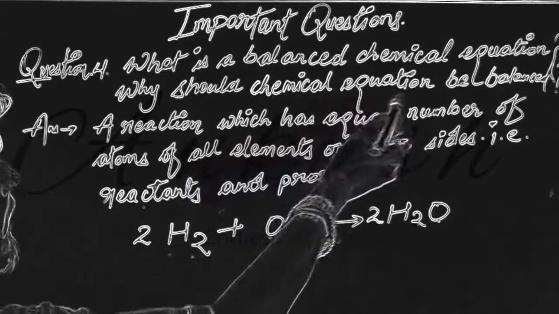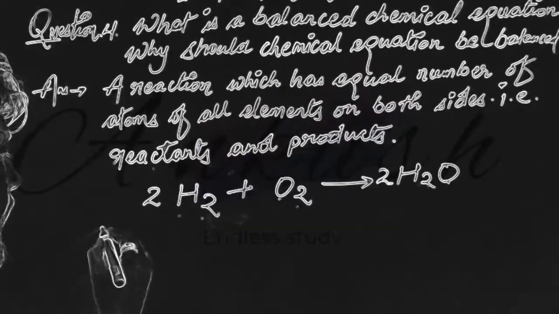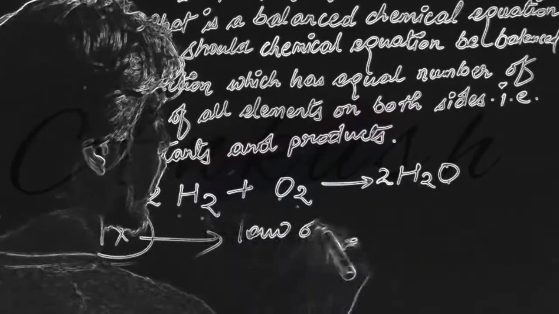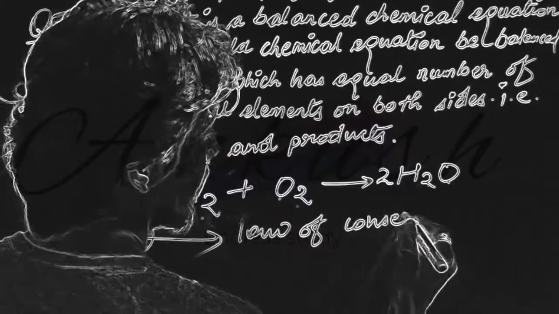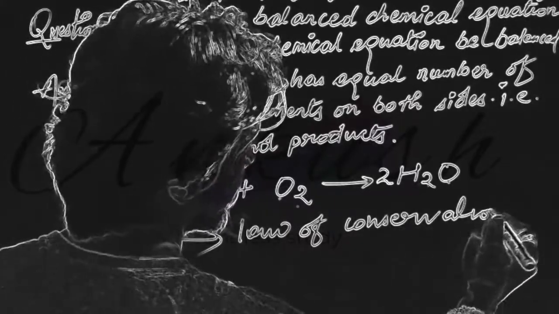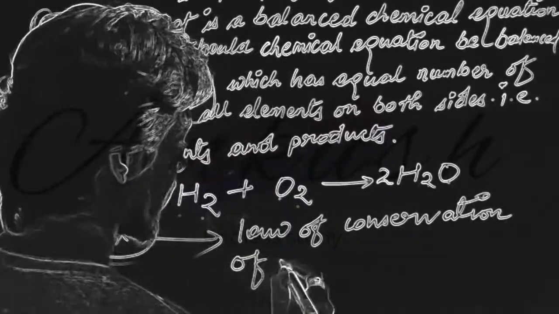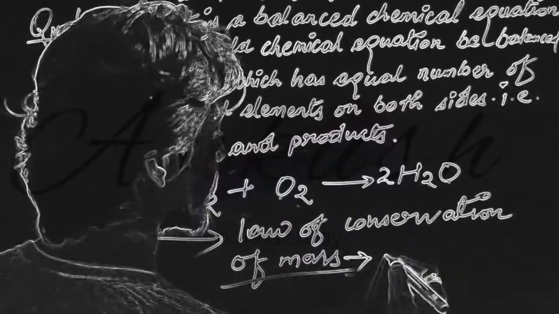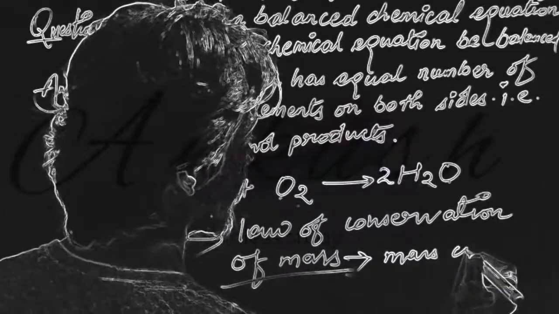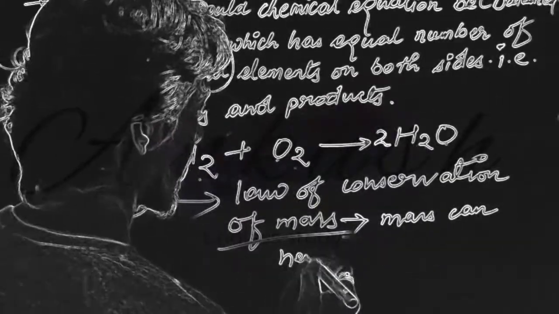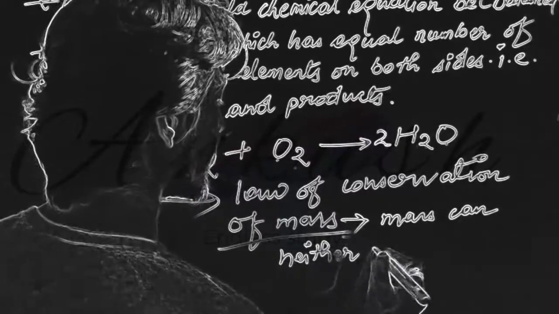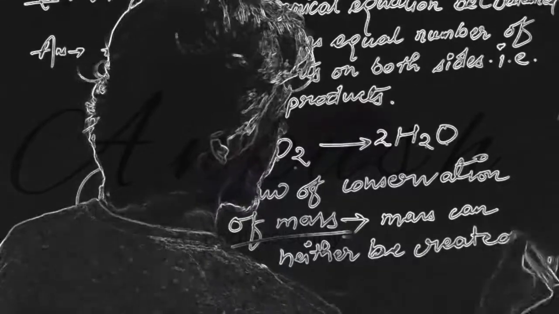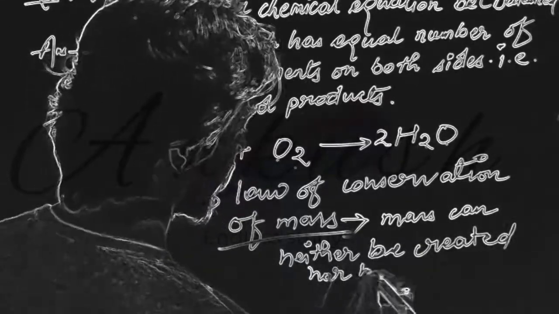Now, why should a chemical equation be balanced? In class 9, you have read about the law of conservation of mass. What does this law state? It states that mass can neither be created nor be destroyed.